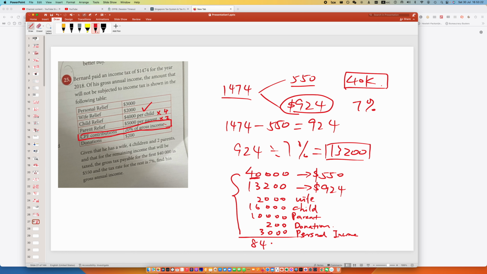Yes. And this one haven't included 20% of the gross income. Right? Oh, what did I miss out? No lah, you miss out the CPF only. But just now, why is it? You miss out the 40K.